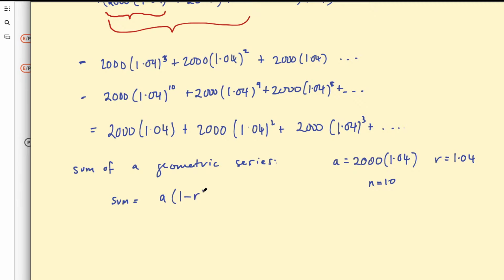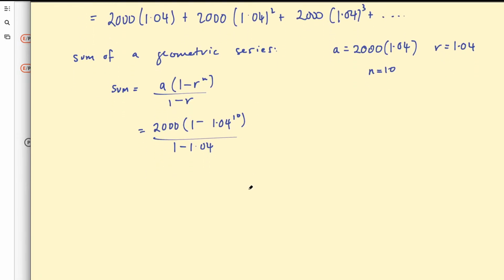A times 1 take r to the power n over 1 take r. This is equal to 2000 times 1 take 1.04 to the power of 10 over 1 take 1.04. This seems like a fairly classic geometric sequences question. And hopefully I've got it somewhat correct, but we'll see.